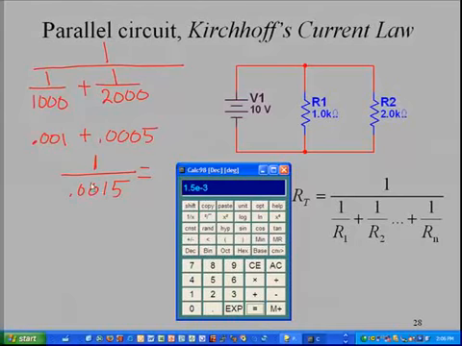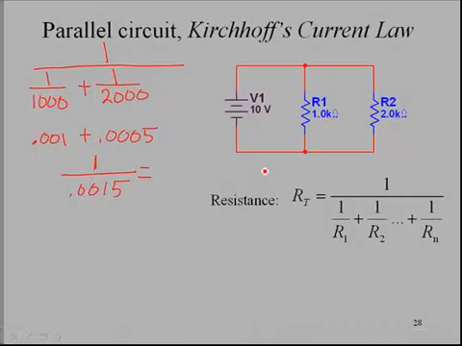Now remember, our total resistance is going to be 1 over this value, and so again we would do our 1 over x function, and here we get our value of 666.66 ohms.